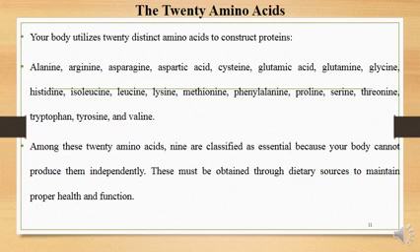Among these 20 amino acids, 9 are classified as essential because your body cannot produce them independently. These must be obtained through dietary sources to maintain proper health and function.